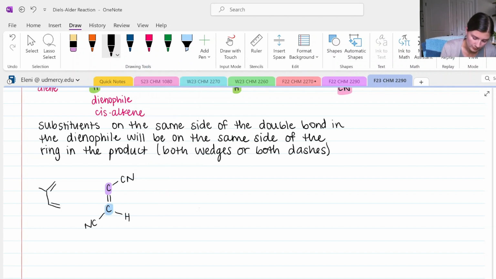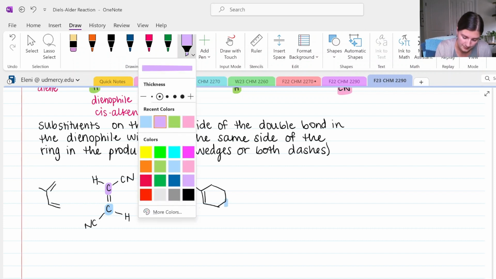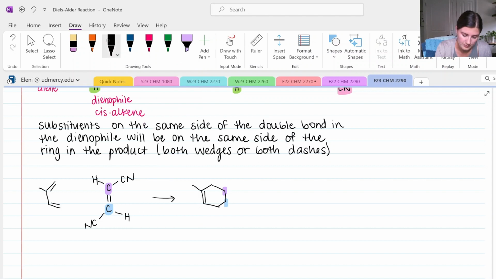Then the rest will be bonds to hydrogen. So in the product, we again form the 6-membered ring. We have the pi bond between carbons 2 and 3 from the diene, and then the carbon on the top and the carbon on the bottom of the dienophile now have new stereocenters.